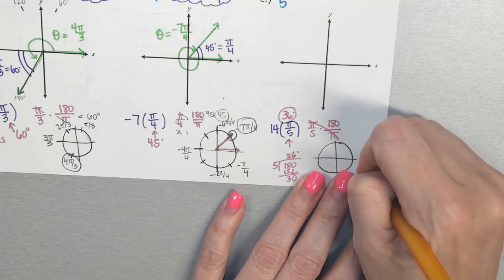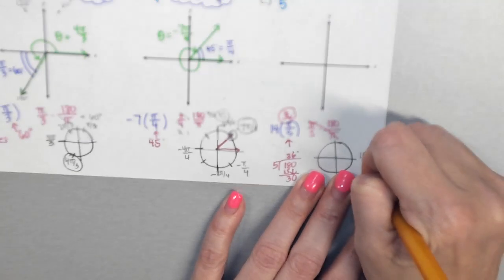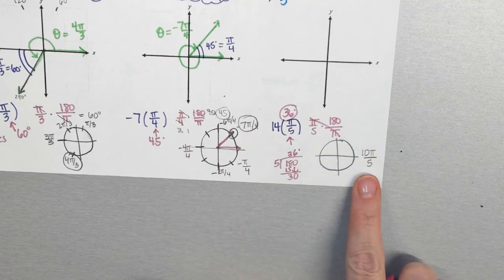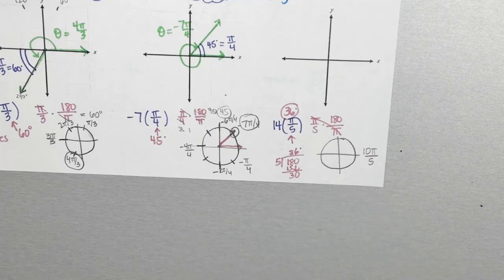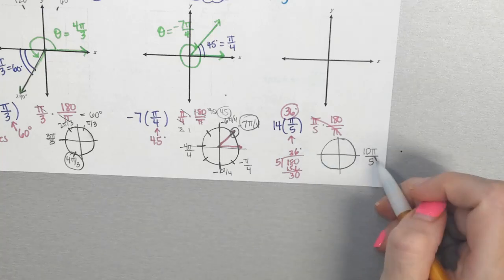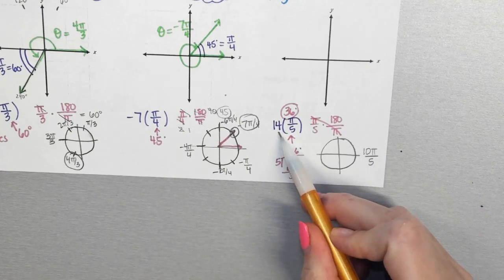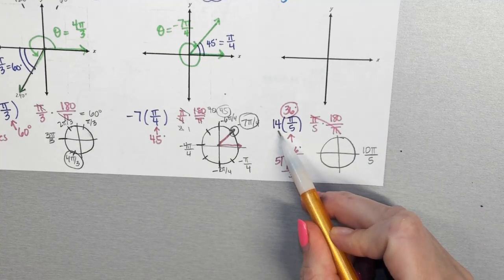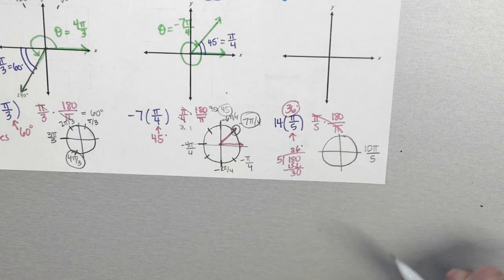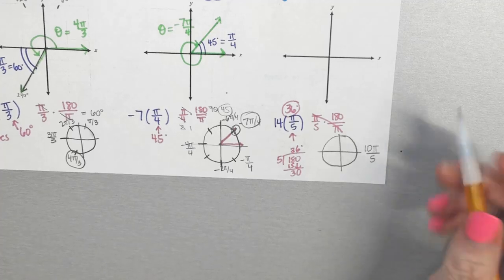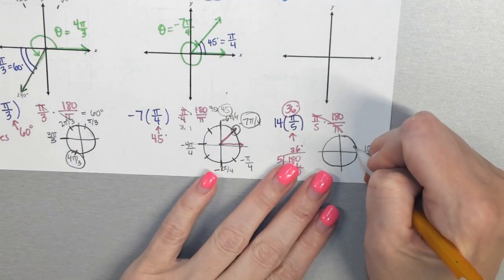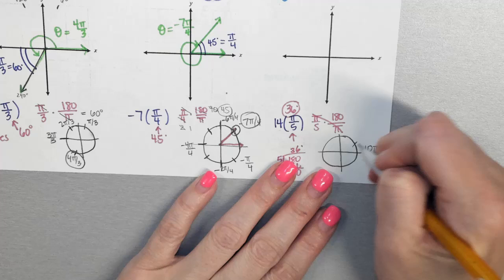See how this would be 10 pi over 5, equivalent to 2 pi? So one full time around is already 10 pi over 5. Now all I have to do is count up to 14. Instead of doing the full 14 times, we've already done 10 times. So the 11 pi over 5 is going to be at this 36 degrees.